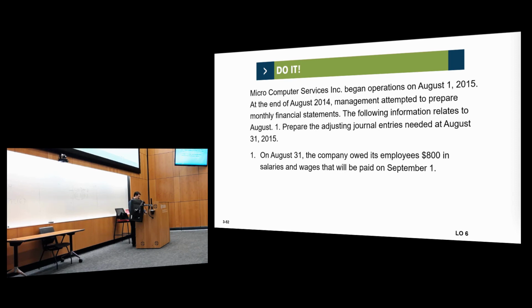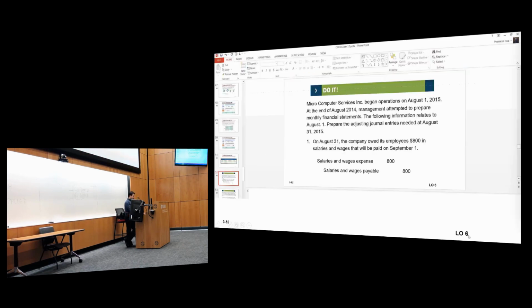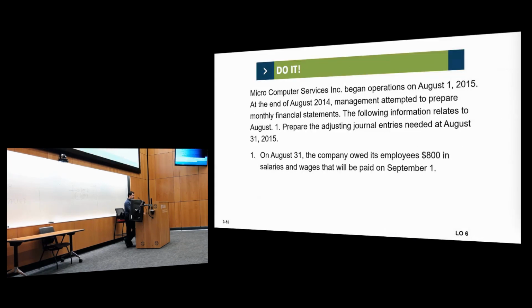So the company owed its employees $800 in salaries and wages that will be paid on September 1st. Think about it for a minute. So on August 31st, they owe their employees salaries, and they have to debit salaries and wages expense, and credit salaries and wages payable. Okay?